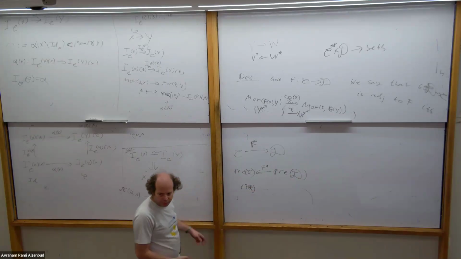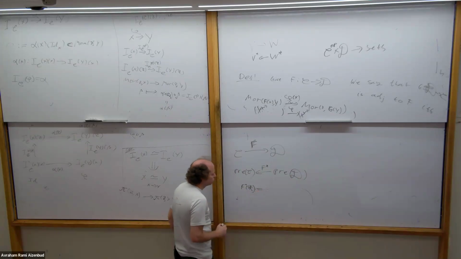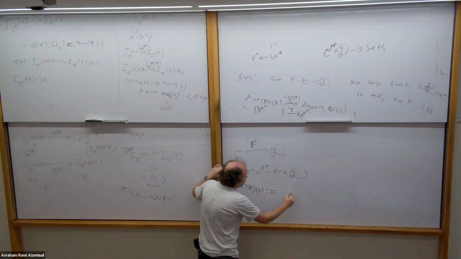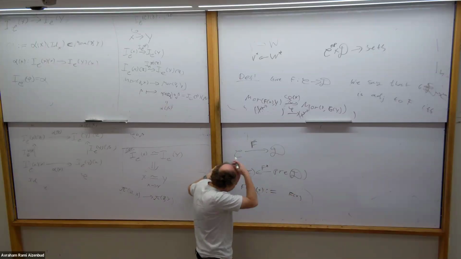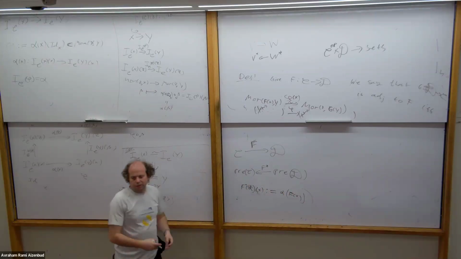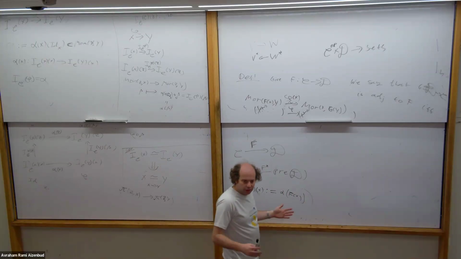Just do the only thing you can do. It's equal, sorry, I need to say what is equal to x. So it's equal, you take F of x, because it's the only thing we can do with x in C, and then you plug it in alpha. And as usual, I define a new object and homomorphism is as straightforward as this. So this you have completely for free.